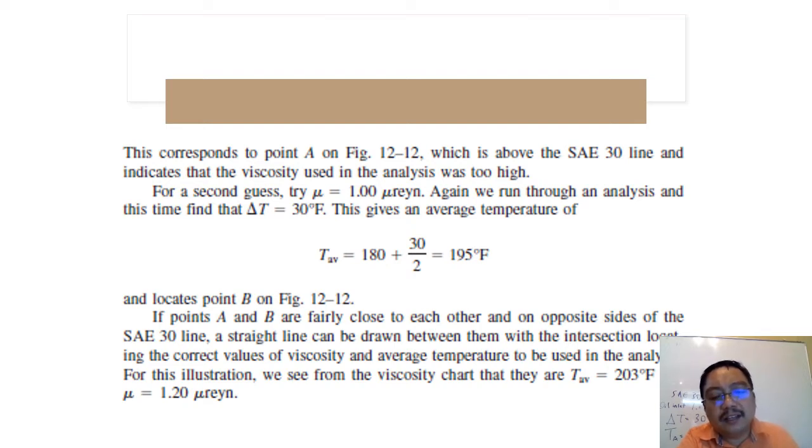If the points A and B are fairly close to each other and on opposite sides of the SAE30 line, a straight line can be drawn between them with the intersection locating the correct values of viscosity and average temperature used in analysis. For this illustration, we can see from the viscosity chart, they are 203 Fahrenheit, and 1.2 microreyn.